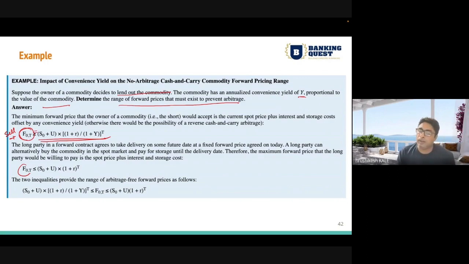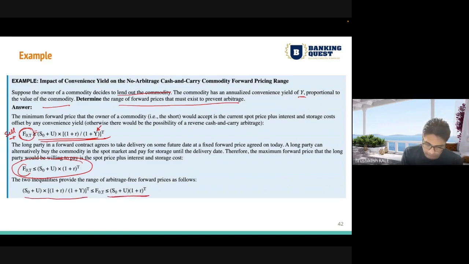Now, for retail investors, this yield doesn't make any difference. So if we take out this convenience yield, this will be your formula. Arbitrage opportunity is available from here till here.